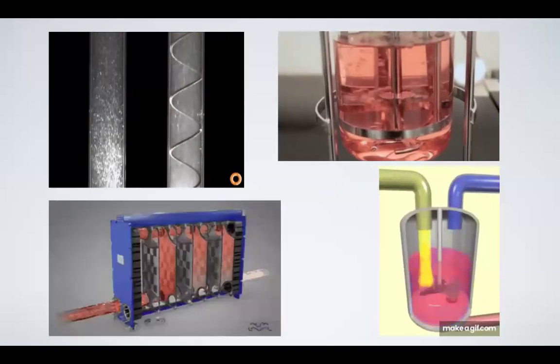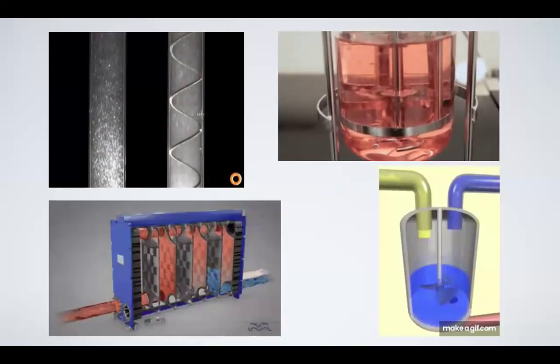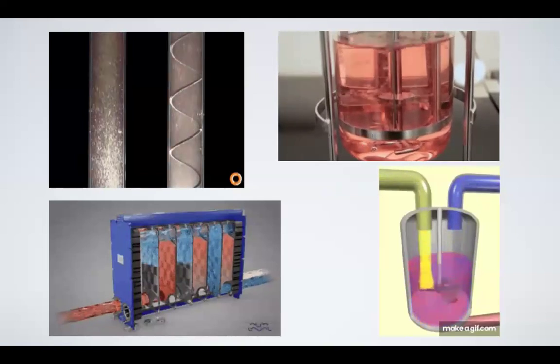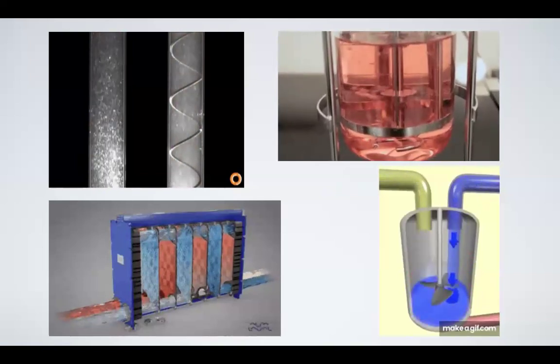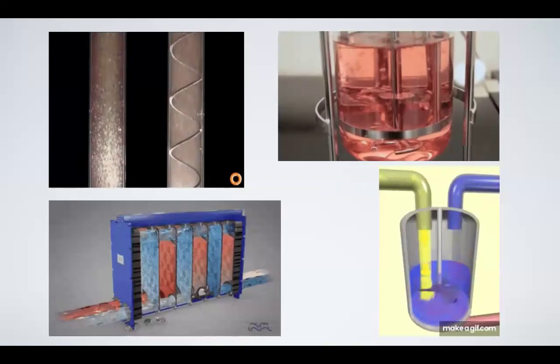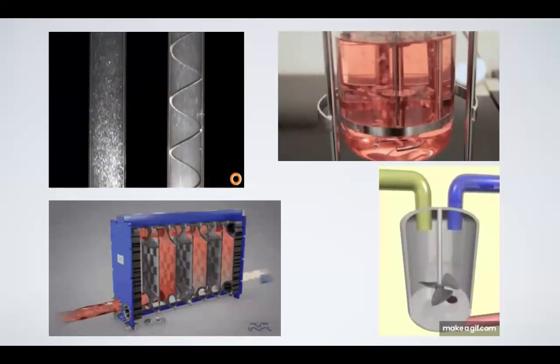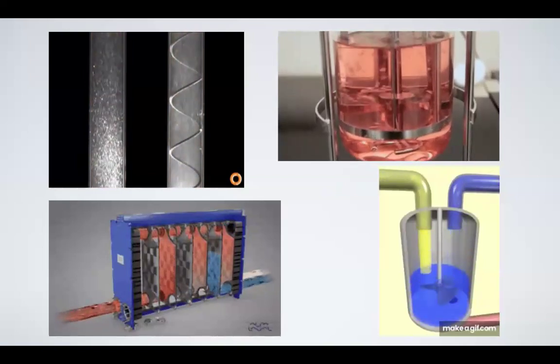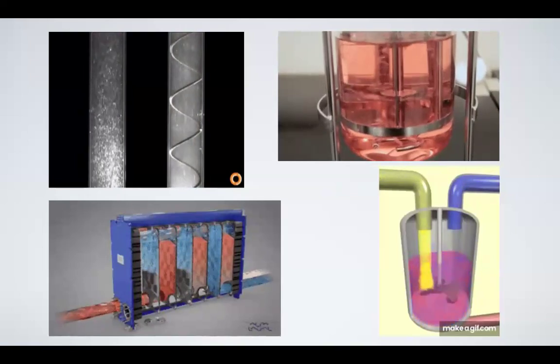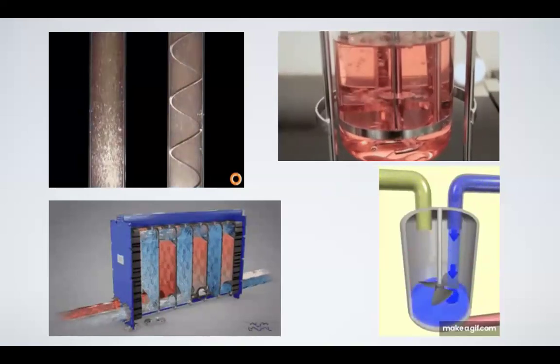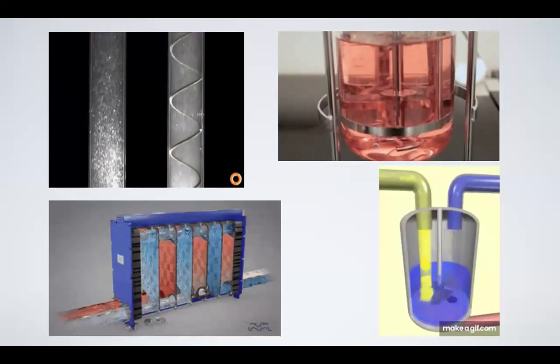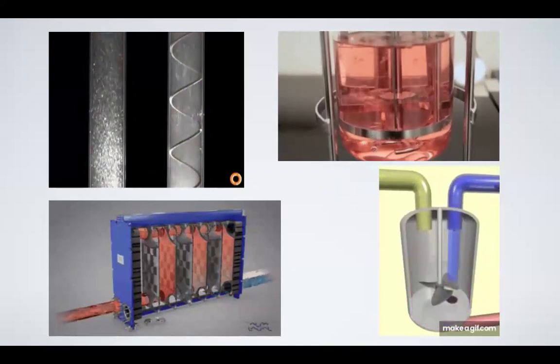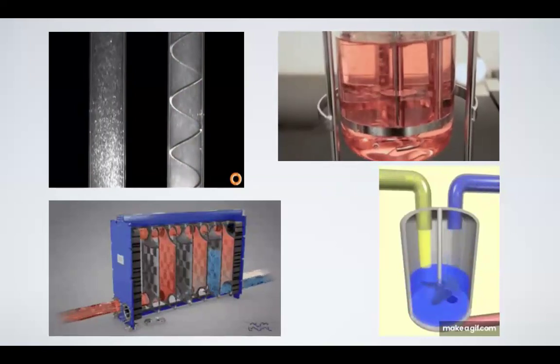And the other one, anyone know what this is? Some kind of heat exchanger, a plate heat exchanger. We have the hot stream coming in and the cold stream coming in, exchanging heat. So you can see a variety of applications involved with transport phenomena.